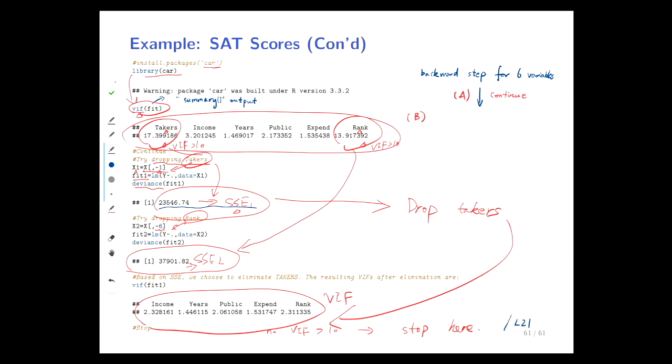So by using this criterion B, which basically means to find the smaller sum of the squared error, we determine to drop takers. And after we drop takers, we only have 5 variables. So we start the backward step for 5 variables.